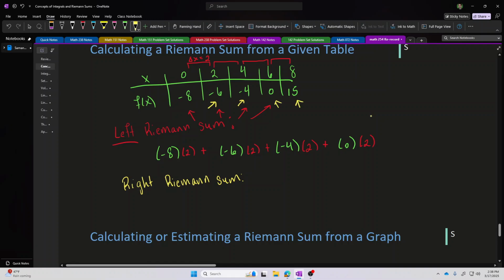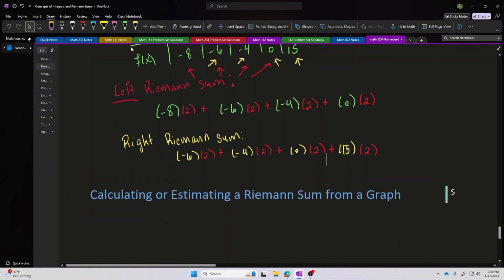So -6 from the right end of the first subinterval, -4, 0, and 15, times the respective delta x's, and then added together. This would be the right Riemann sum for this function based on this table.